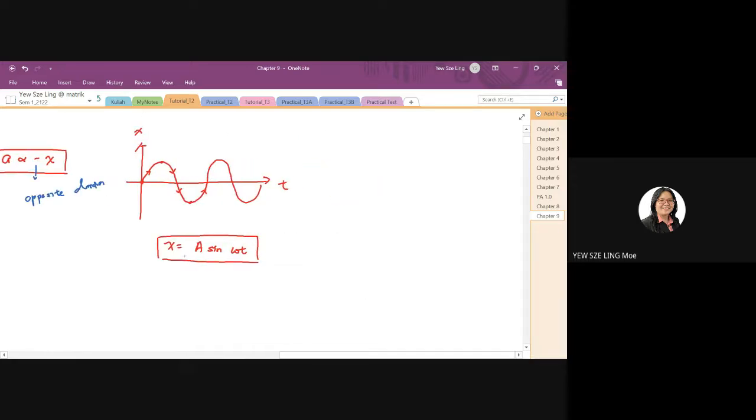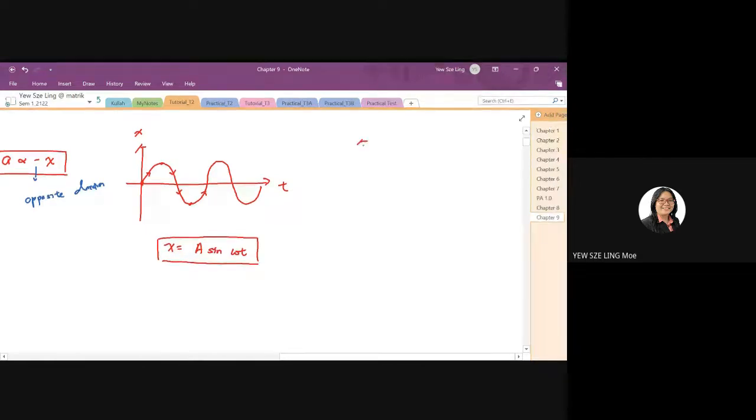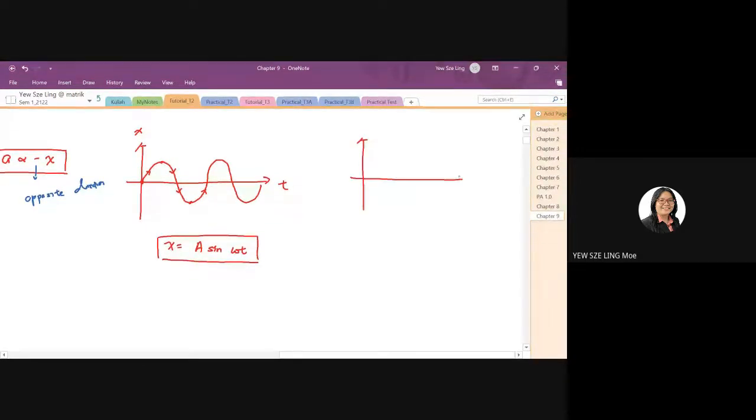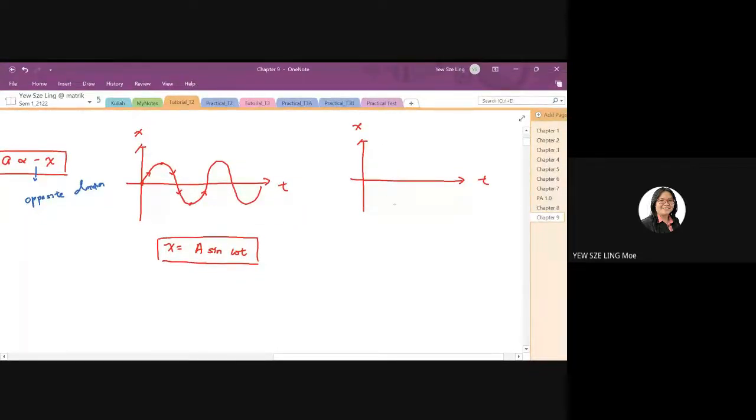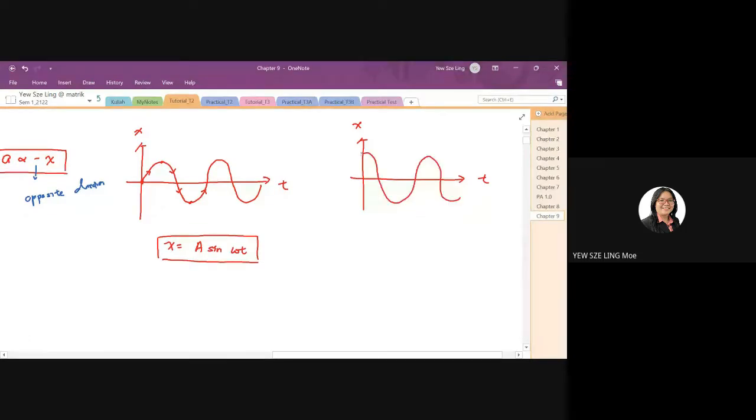Now, if questions give you another type of graph, the equation is not always a sine equation. Sometimes you'll be given a cos function, where you have a graph in which the object starts from the maximum position. If the object starts from a maximum position, then obviously this is a cos graph.